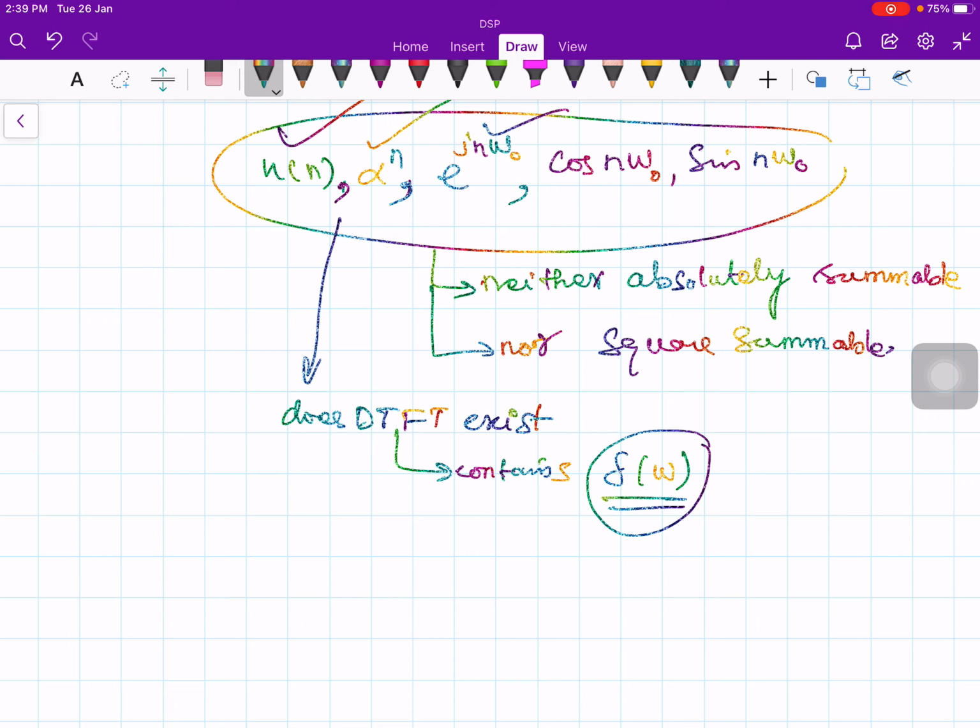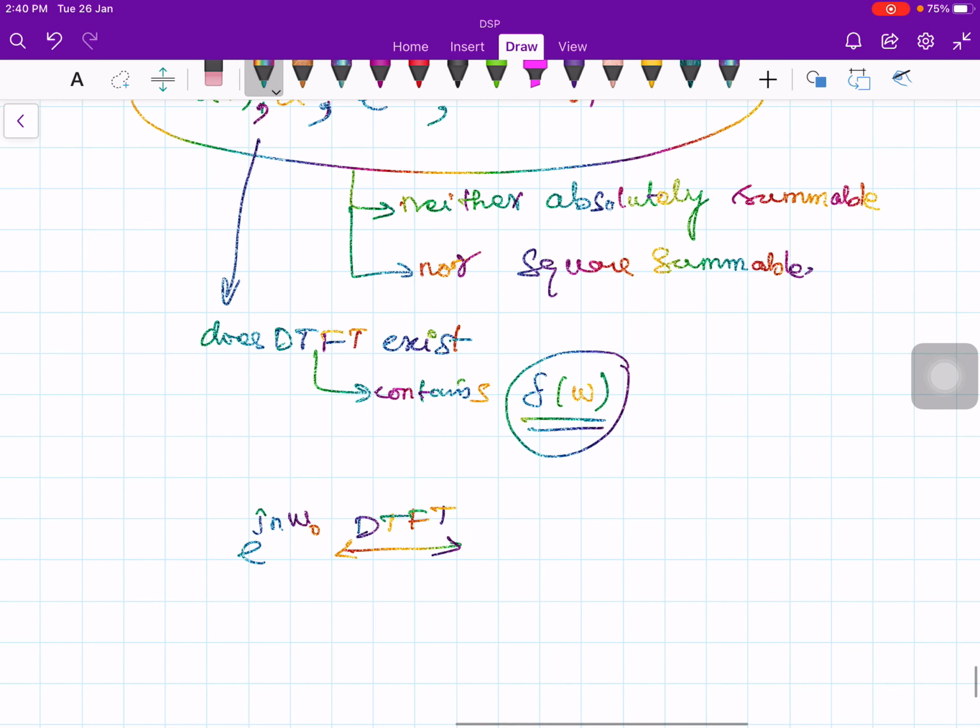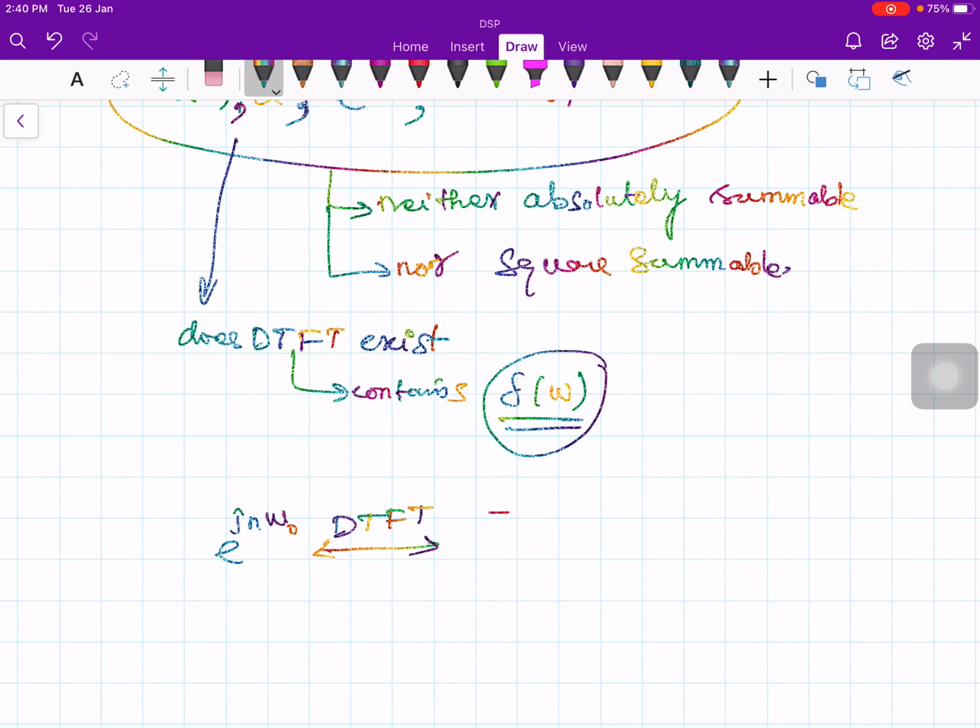Okay, for example, if you take the discrete time Fourier transform of e to the j n omega naught, now you can show this is equal to 2 pi times the sum of del of omega minus omega naught plus 2 pi k, where k is from minus infinity to plus infinity.